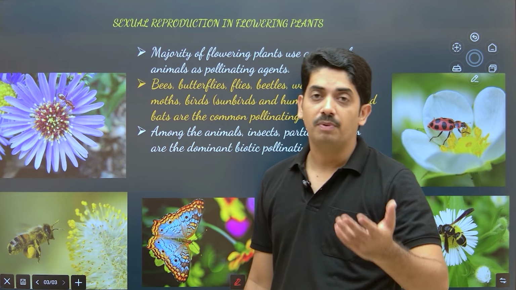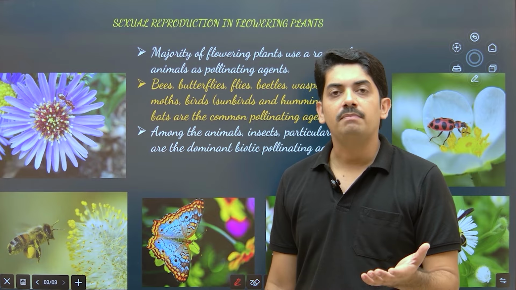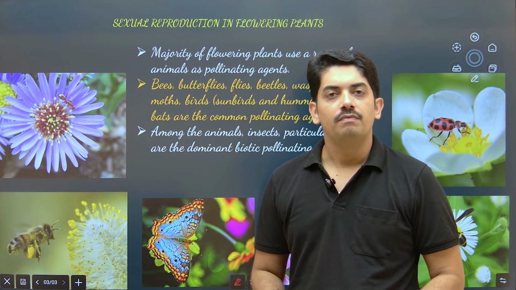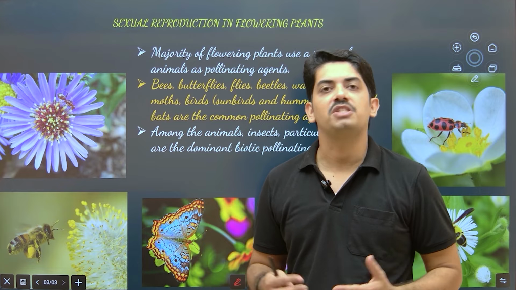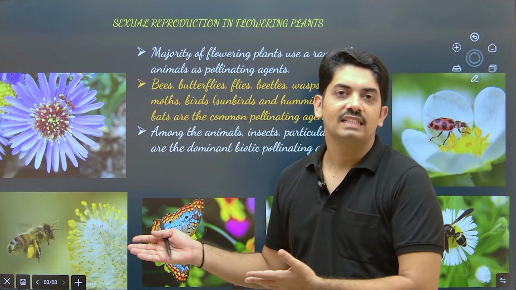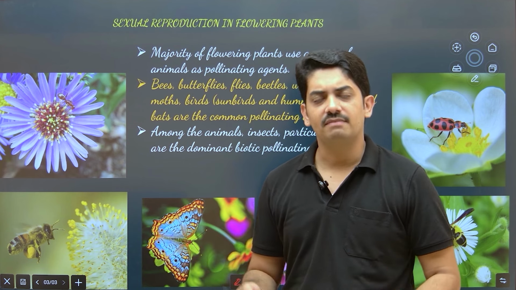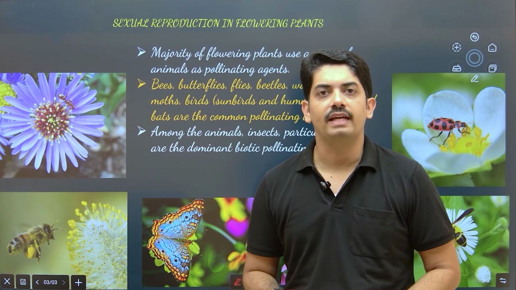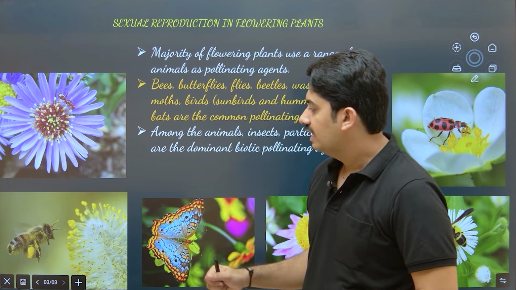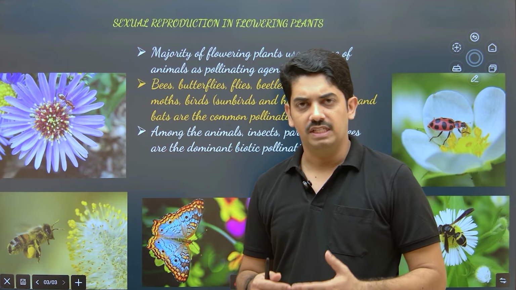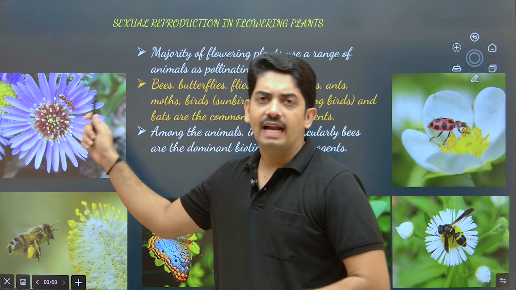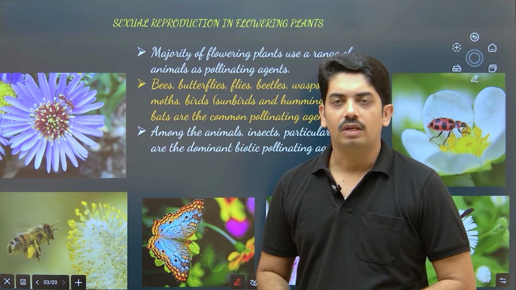You know the importance of honeybees. Honeybees are the major pollinators. Without honeybees, we cannot imagine our life. The earth is completely dependent on these honeybees. Whatever food we are eating today, it is all because of their effort. Honeybees visit flowers every morning and pollinate them. And here you can see an ant undertaking pollination.